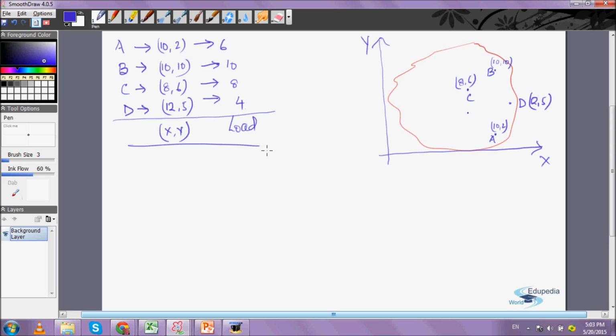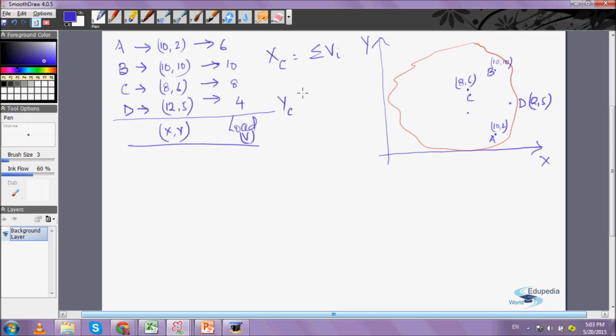Fine. So now coming to the center of gravity method, we know the formula: we need to find xc, which is the sum of, let me call load as V, we need two positions. One is the value of x in the coordinate, another is the value of y.